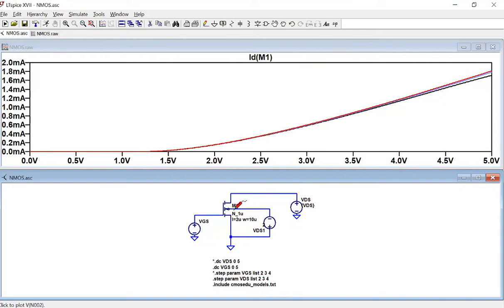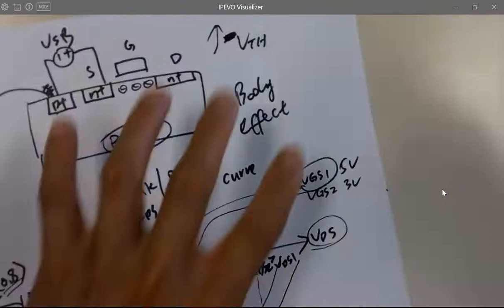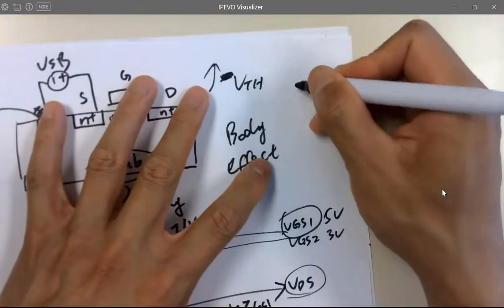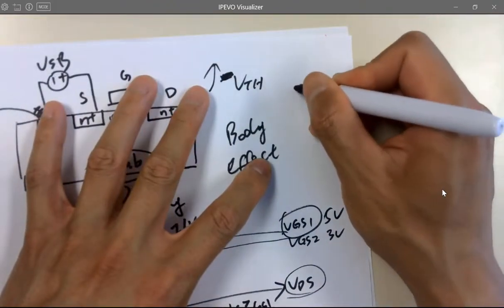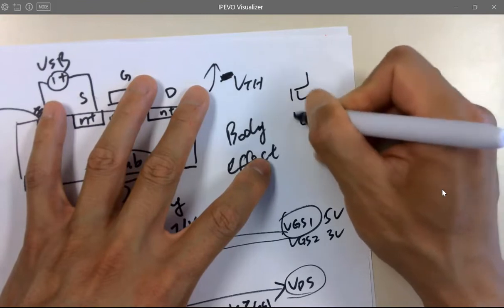So always tie your body and source to the ground. But sometimes you cannot avoid that body effect. For example, if you have 2 NMOS transistors put in series, like this.